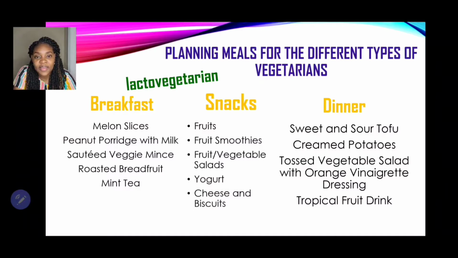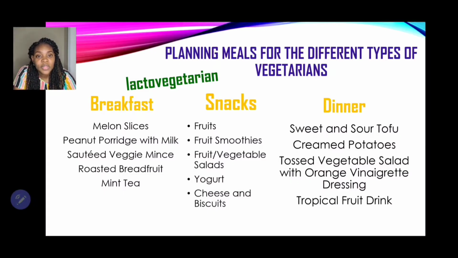I didn't specify the milk because if the examiner is looking on and they say milk, well, you're planning for lacto-ovo vegetarians, so the milk would have been suitable. Also, for the vegan, we could have peanut porridge with soy milk as well. So soy or almond milk. Those milks are plant-based products.